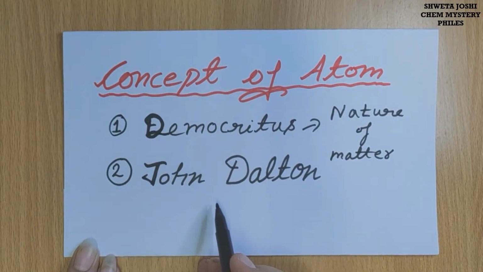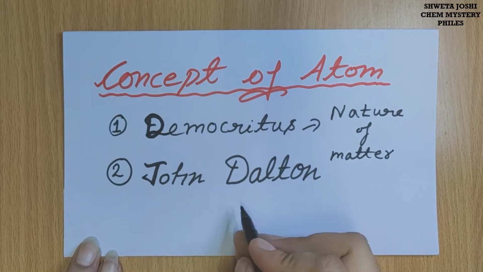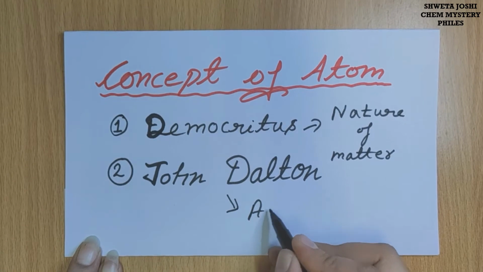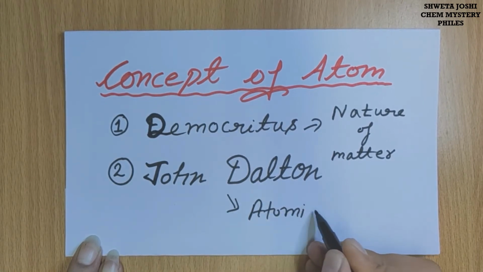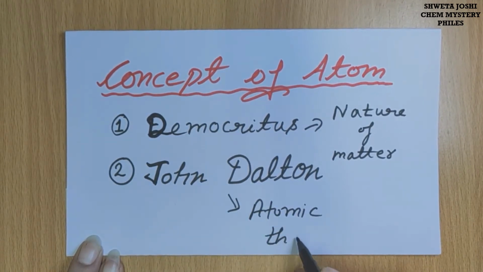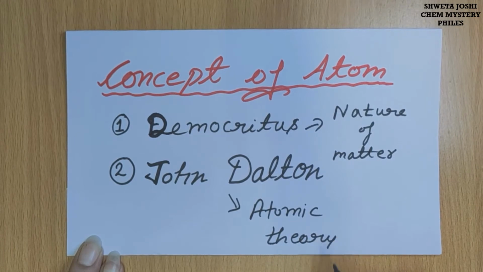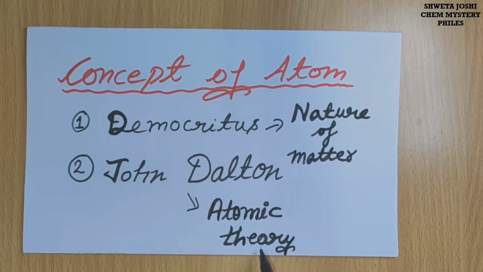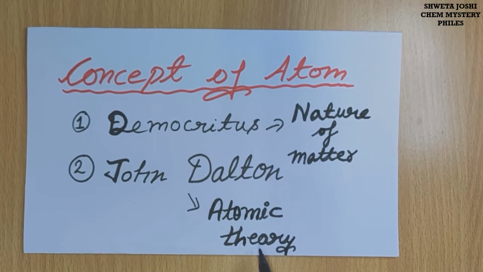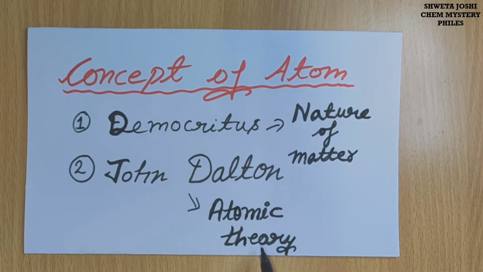John Dalton in 1808 proposed a theory of the atom which is known as atomic theory. Dalton's atomic theory of the atom has undergone many modifications, but the principal aspects of the theory are still held valid and useful in the study of chemistry.